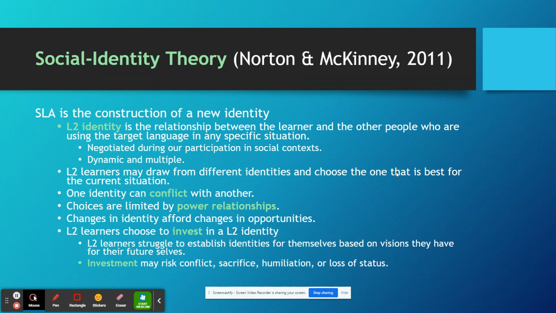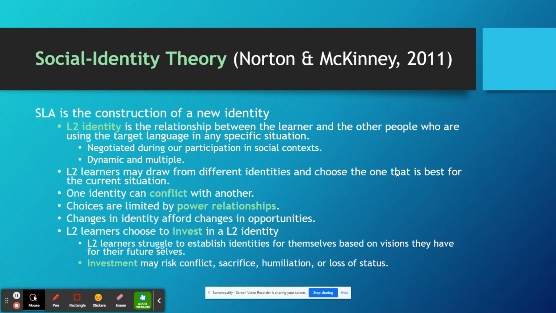So let's take a look at some of Norton's social identity theory in action. Let's say that a newly arrived immigrant English learner gets a job at McDonald's here in the US. If he doesn't know much English and all the other workers speak only English, then he's going to have a hard time participating in their conversations and social exchanges.